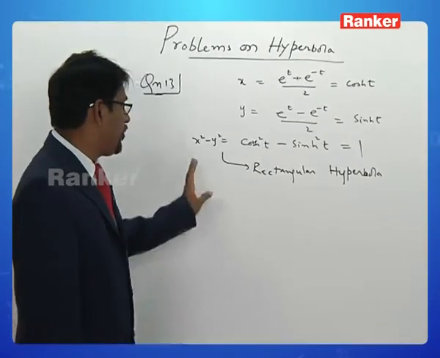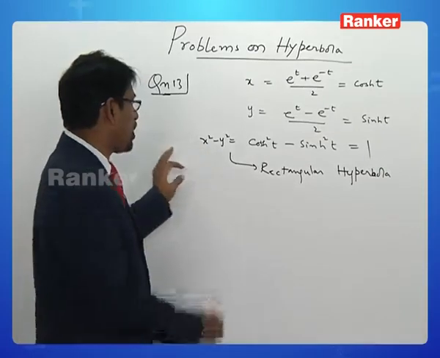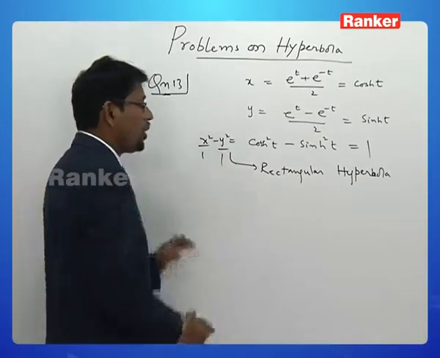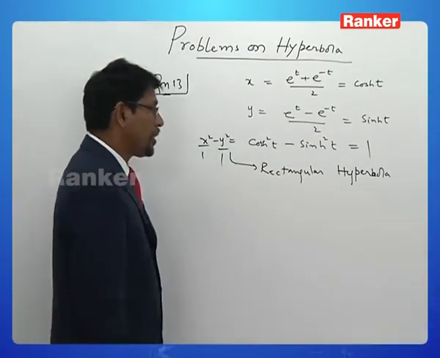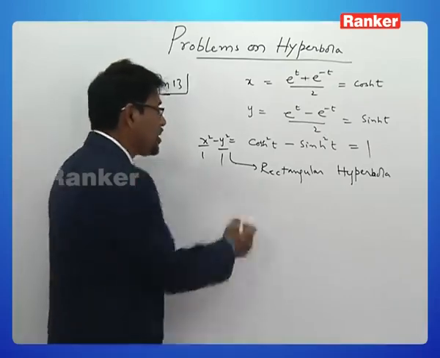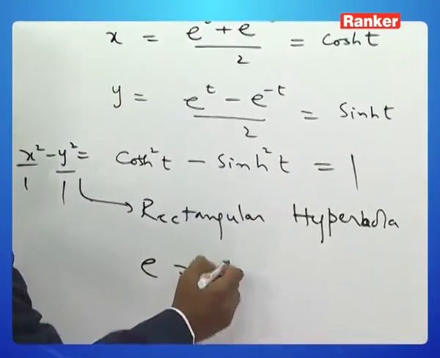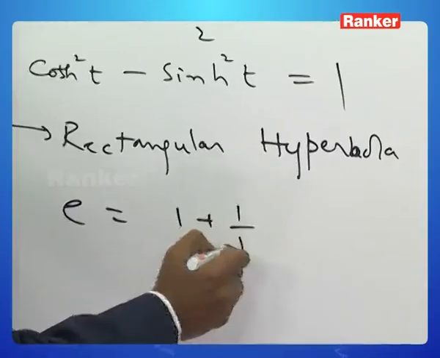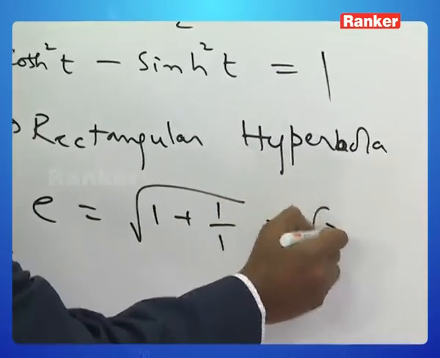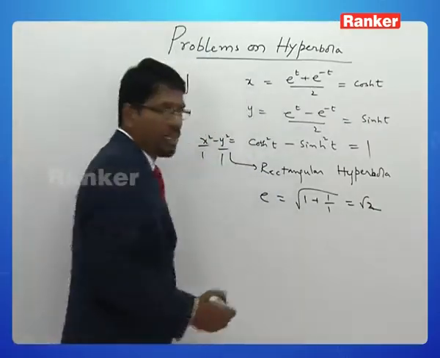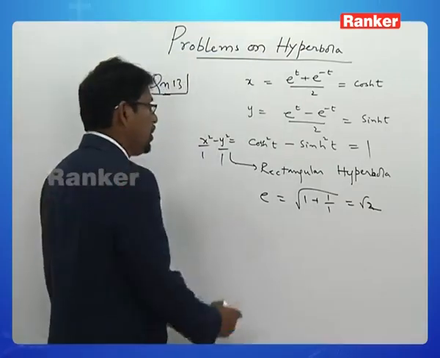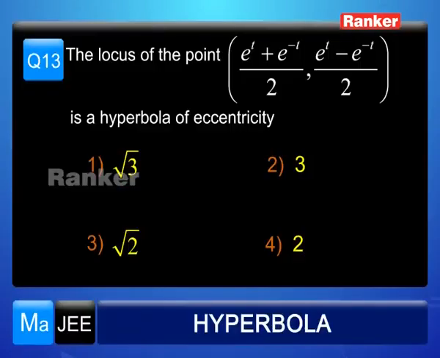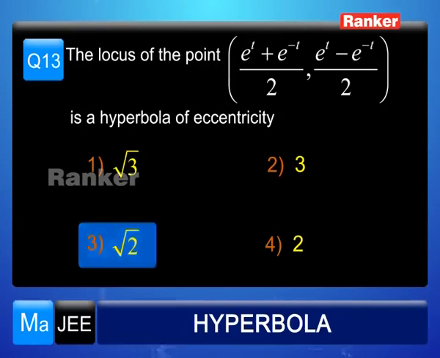So here we have x square by 1 minus y square by 1 is equal to 1. So it's a rectangular hyperbola, and the eccentricity is clearly under root 1 plus 1 by 1, and that is equal to root 2. So the eccentricity of a rectangular hyperbola is root 2. So clearly option 3 is the right option.